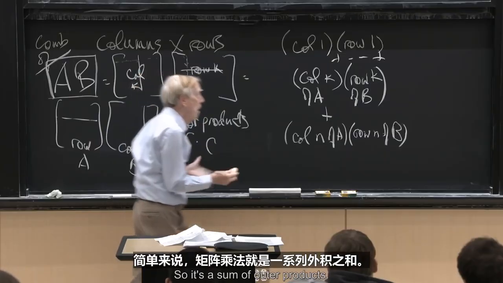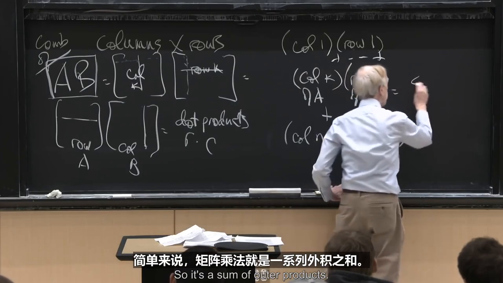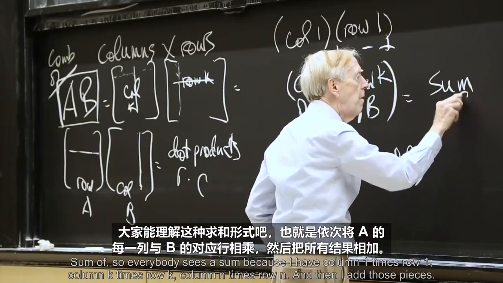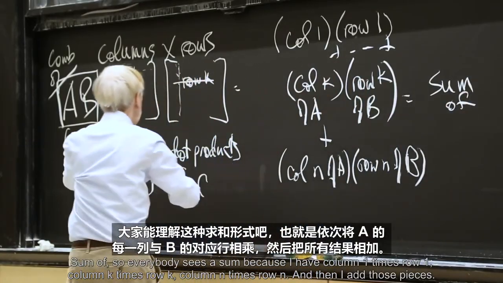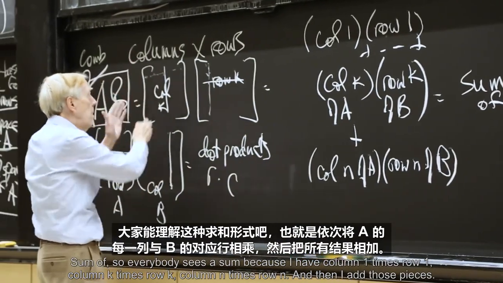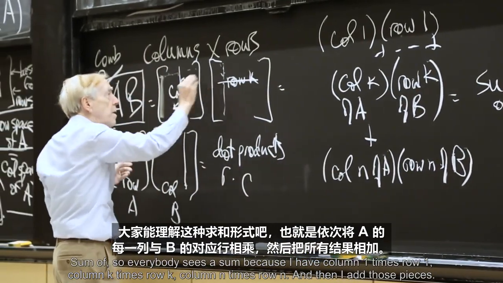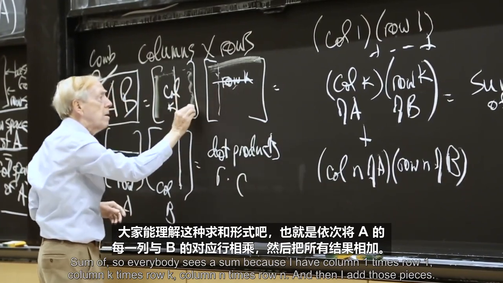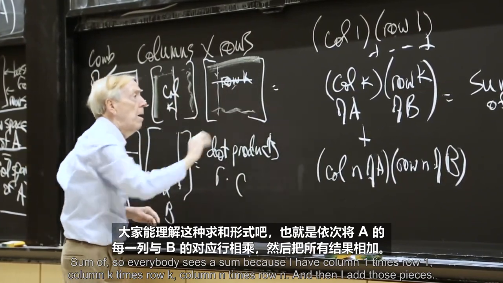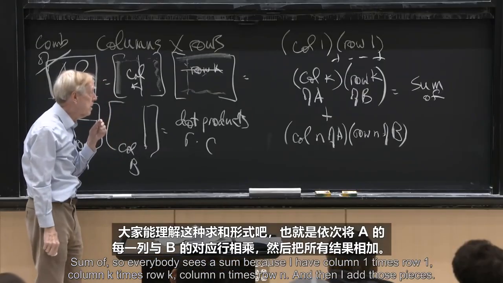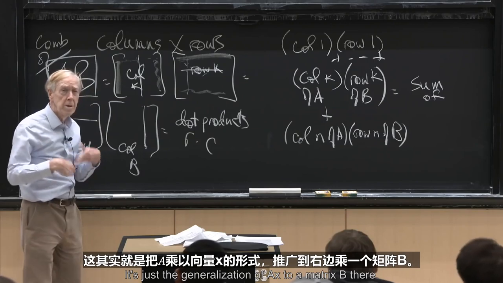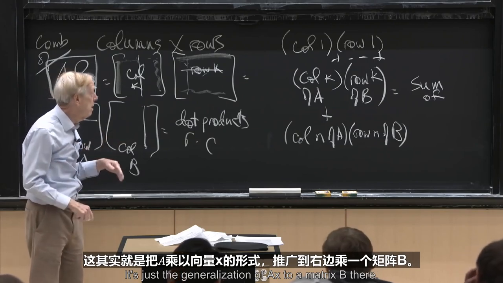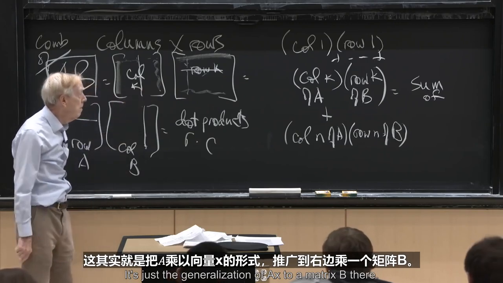So it's a sum of outer products. Everybody sees a sum, because I have column 1 times row 1, column K times row K, column N times row N. And then I add those pieces. It's just the generalization of AX to a matrix B there.